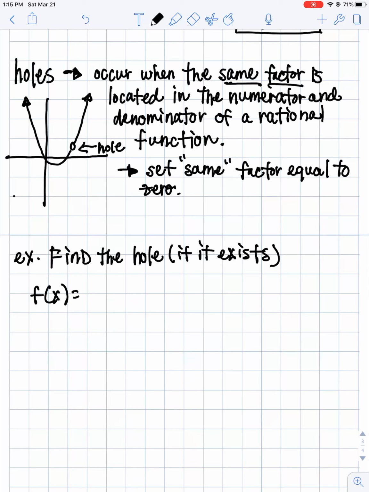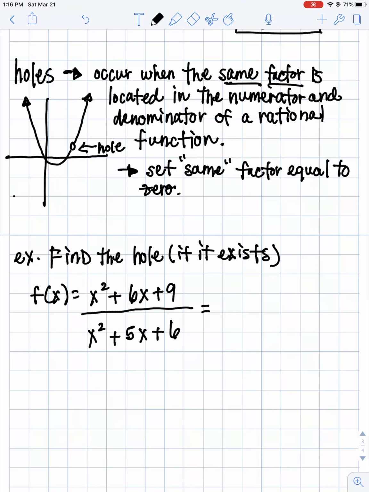Okay? So f of x equals, let's say, x squared plus 6x plus 9 over, let's do x squared plus 5x plus 6. Okay?